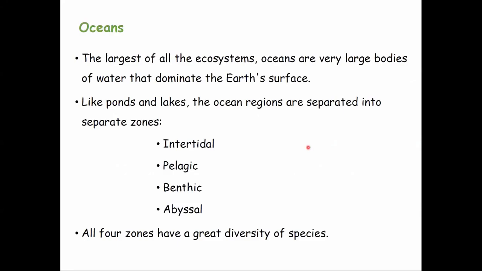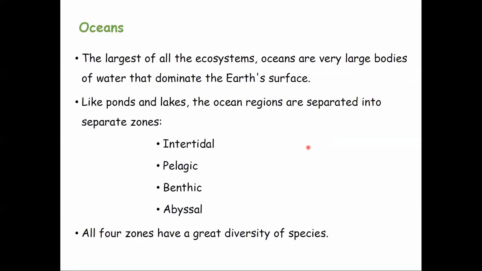First we will discuss the three major things: ocean, coral reef, and estuaries. First is the ocean, the largest of all the ecosystems. The oceans are very large bodies of water that dominate the Earth's surface.